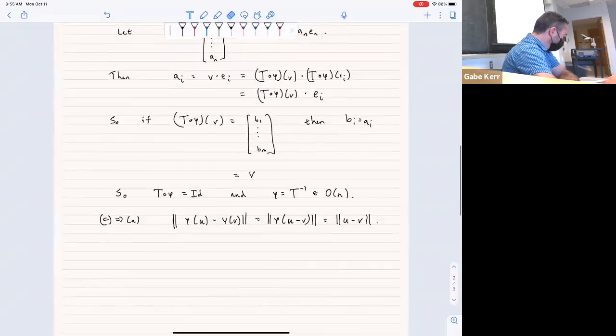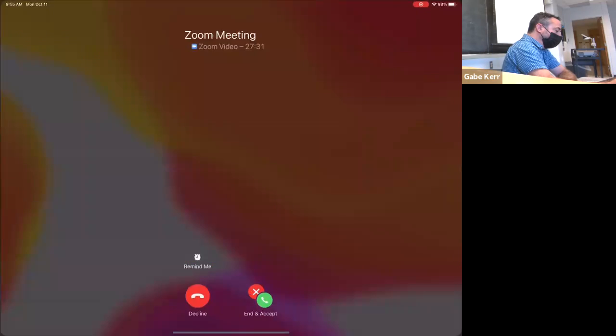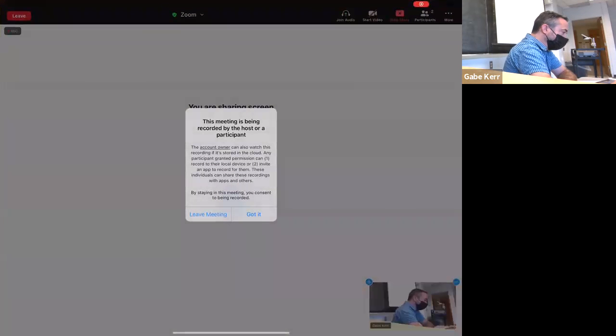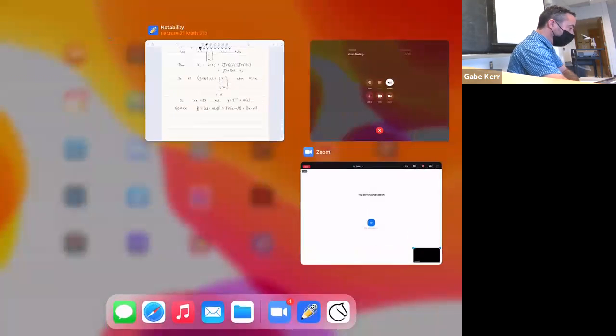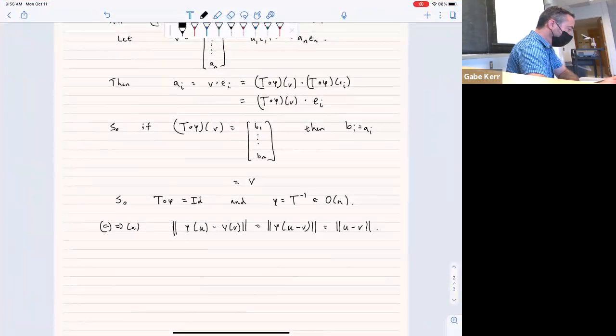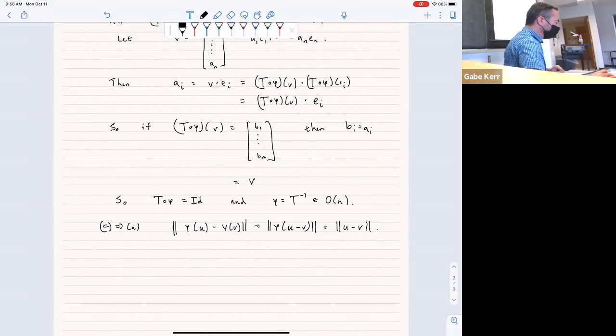So this says that if our isometry preserves the origin, we're really just looking at orthogonal transformation matrices, which are something we've already considered, and we'll consider a little more as we go.